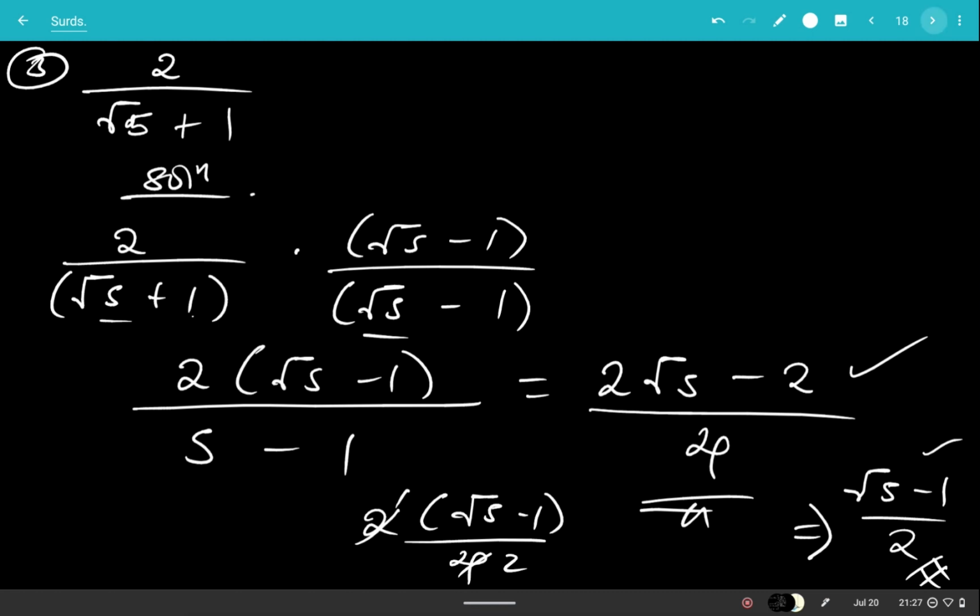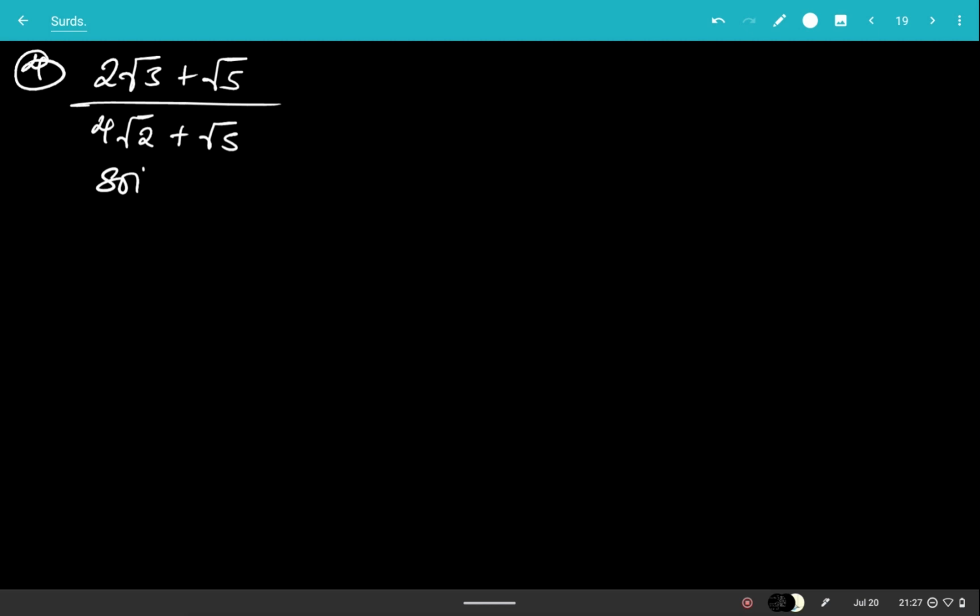At times, they would put it a bit tricky, which is not really that tricky, where I would say 2 root of 3 plus root of 5 over, let's say we have 4 root of 2 plus root of 5. So all we have to do is to apply the same knowledge.